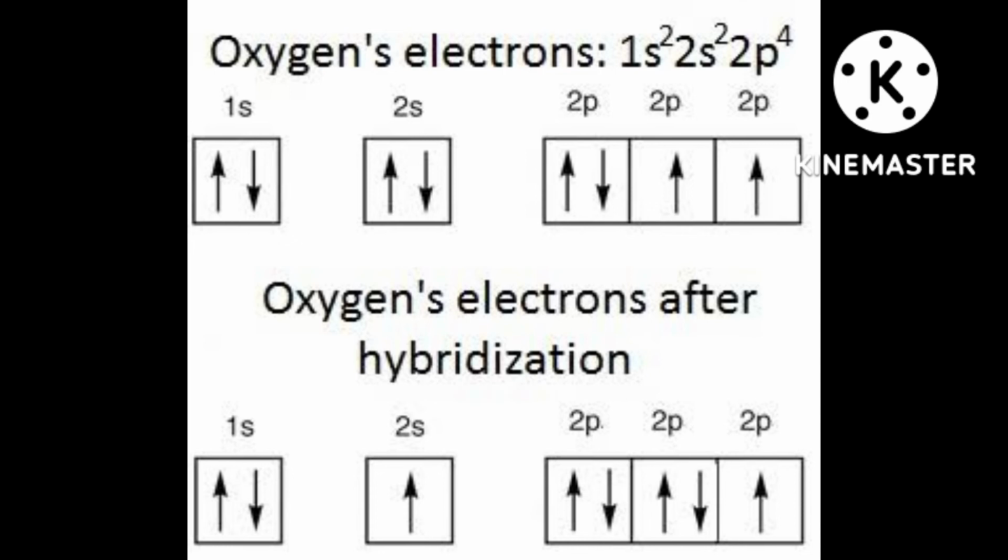The 3 hybrid orbitals so formed are oriented in a trigonal planar arrangement. The purpose is the same. Why this orientation? To make distance, to reduce the repulsion.